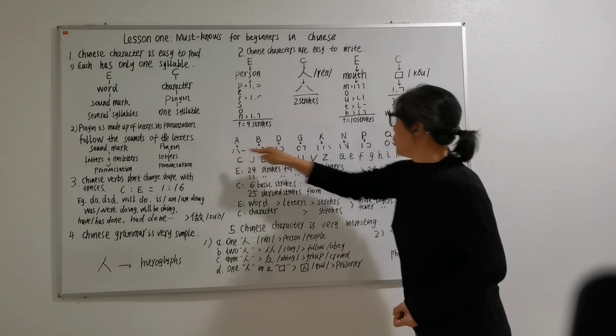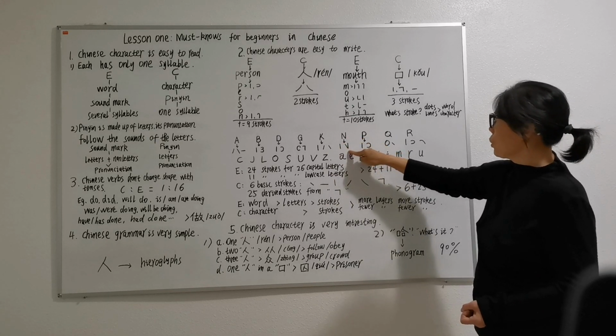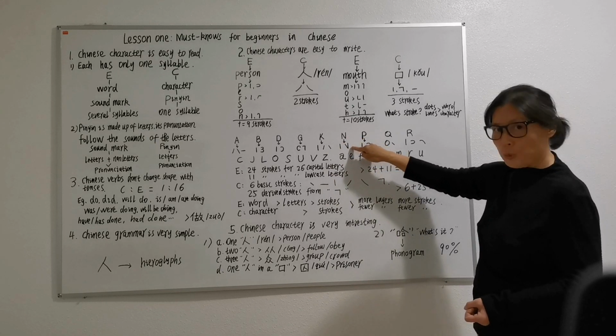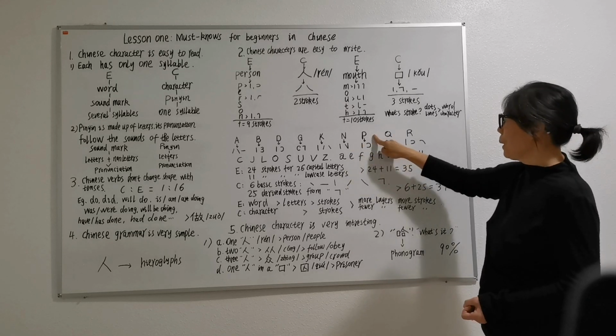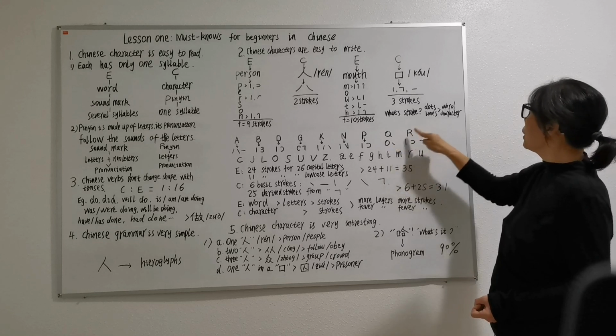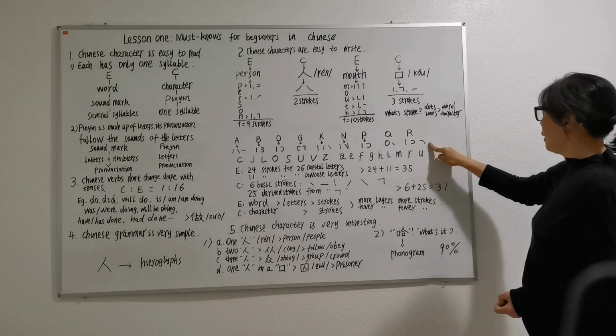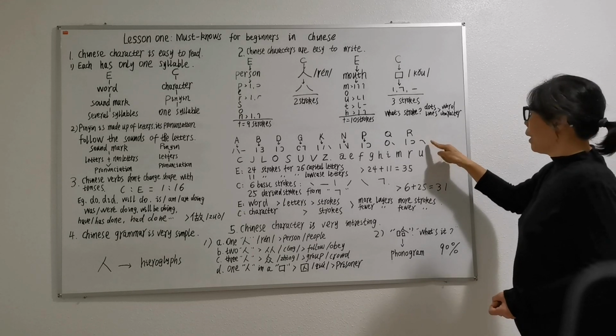This is normal, these are short ones. And N, two strokes. This is like a pencil point. And P, two strokes. Q, two strokes. R, three strokes. And this one is like a dropping arrow.